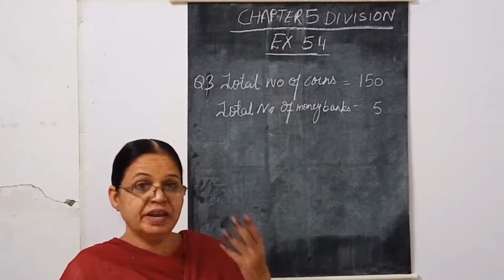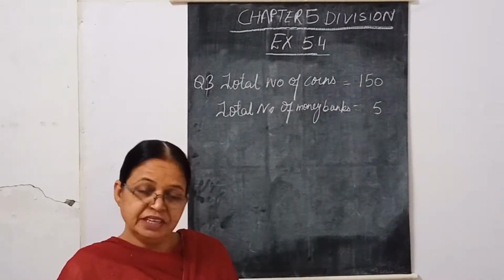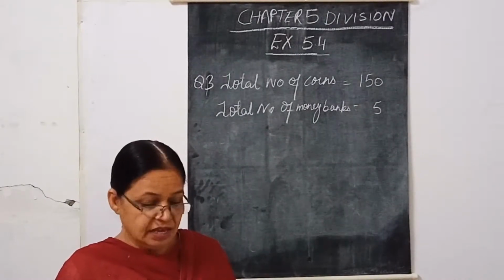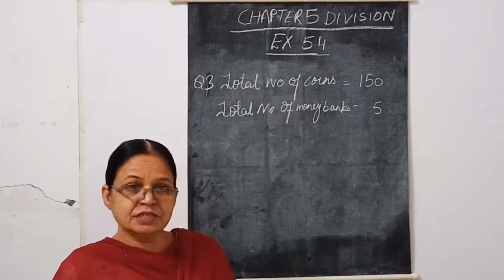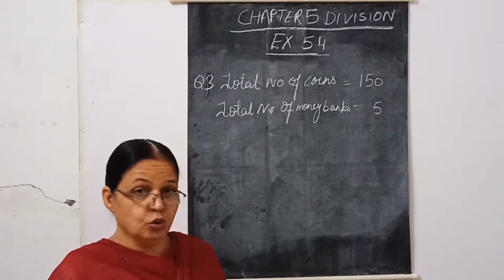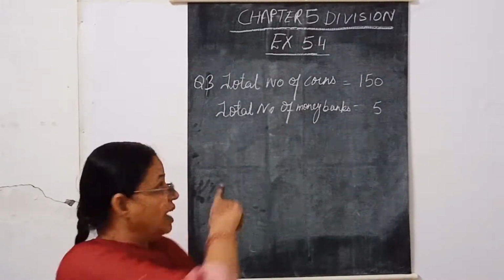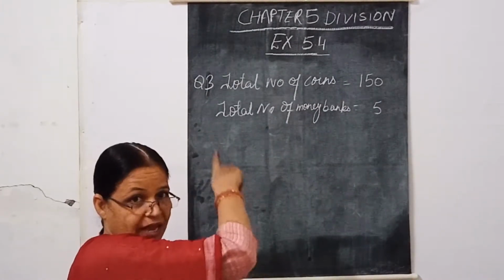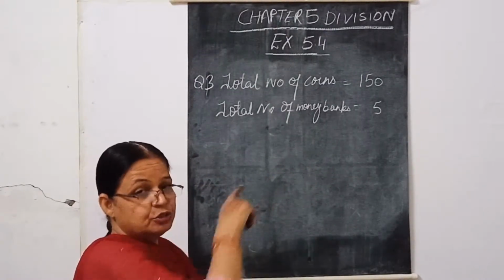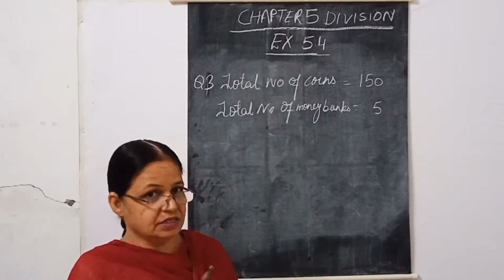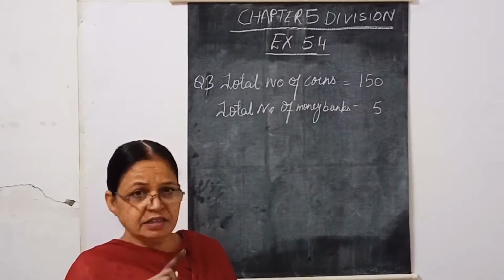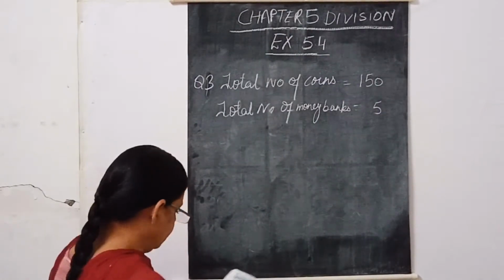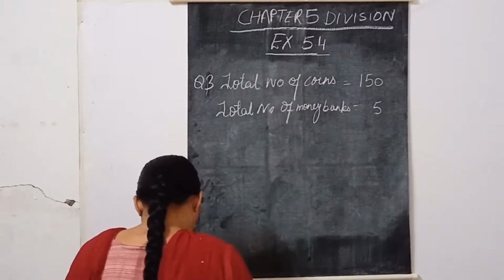They are asking how many coins will be put in each bank, so you have to give the answer and write coins put in each bank. When solving the question like this, don't write the words "how many" in the answer. That is a wrong statement.